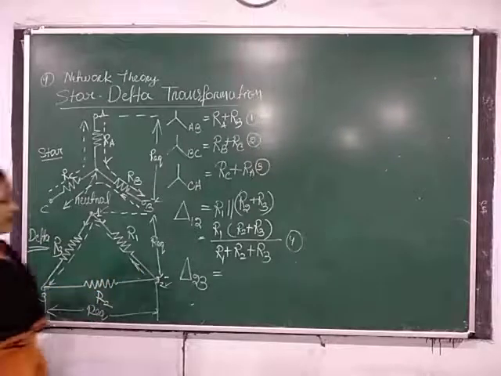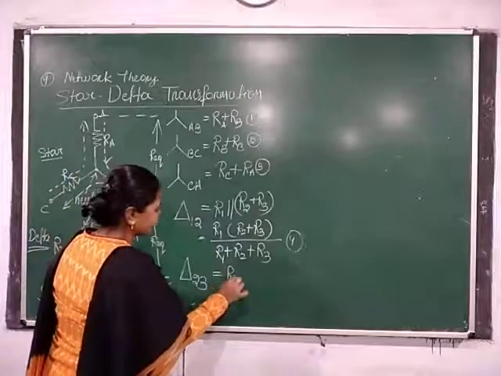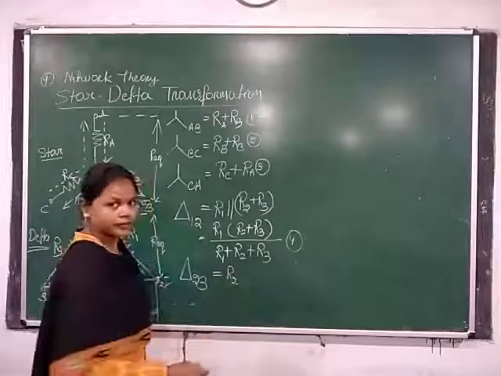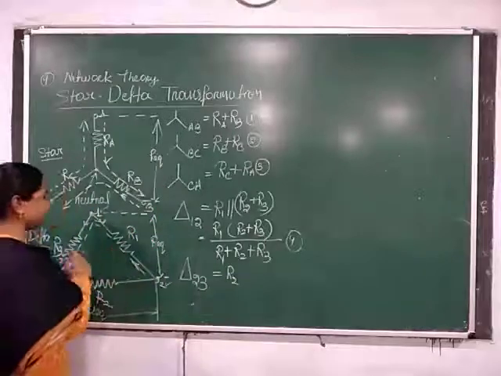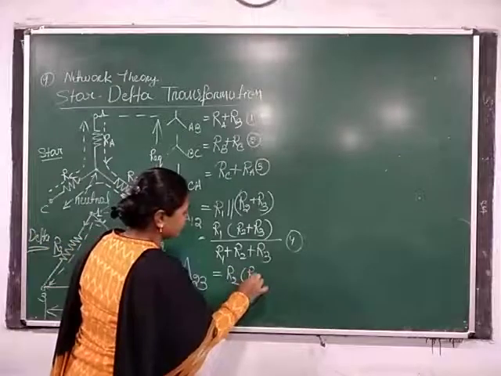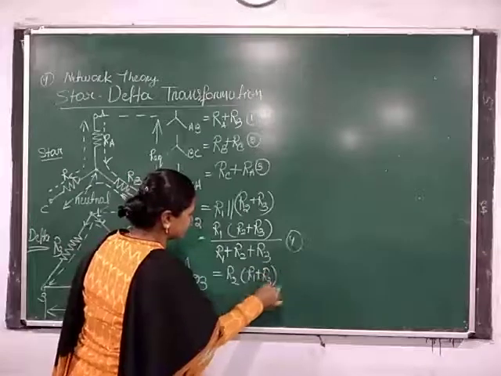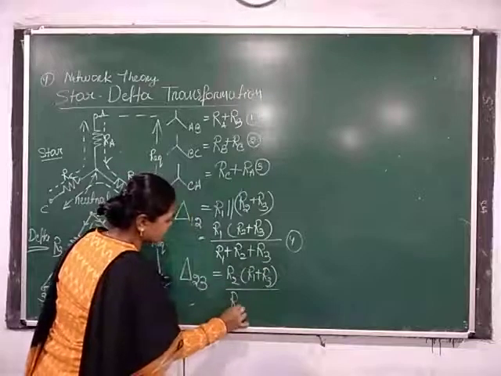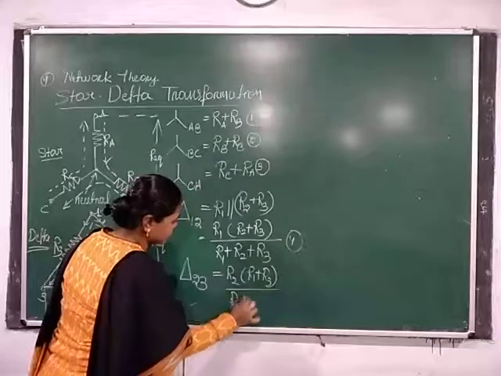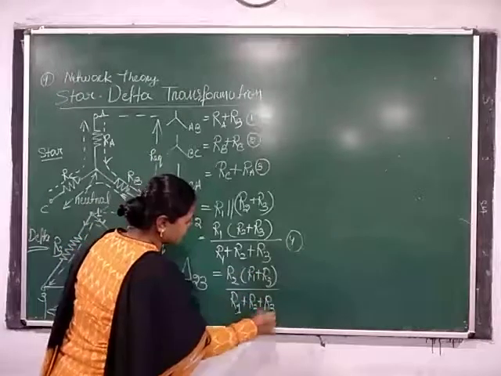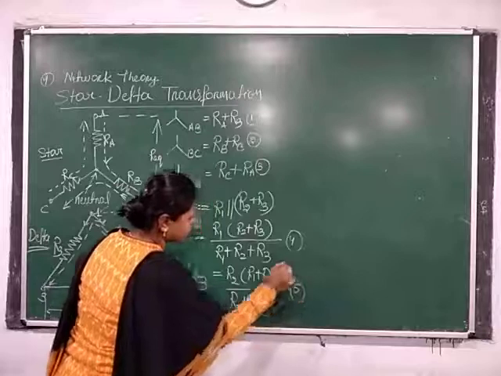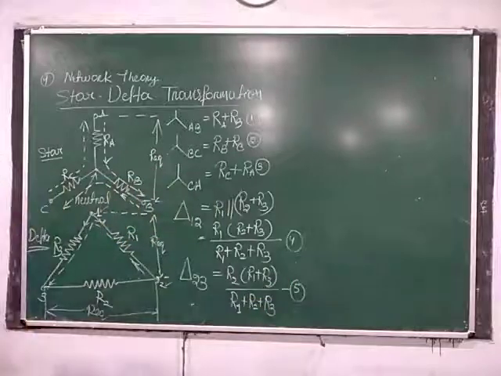So I directly write their parallel combination: R2 in parallel with the series of R1 and R3, that is R2 times (R1 plus R3) divided by R1 plus R2 plus R3. Take it as equation number 5.